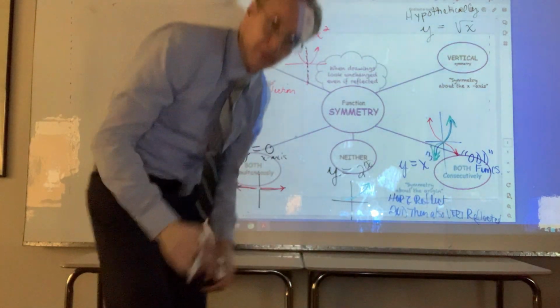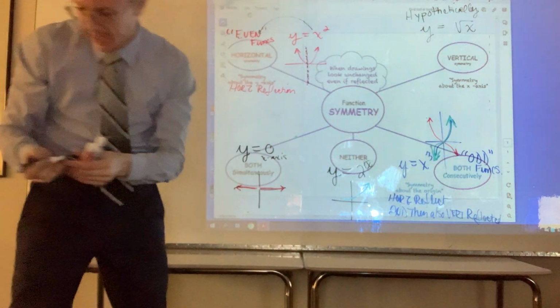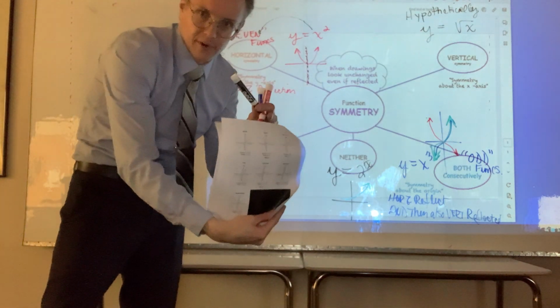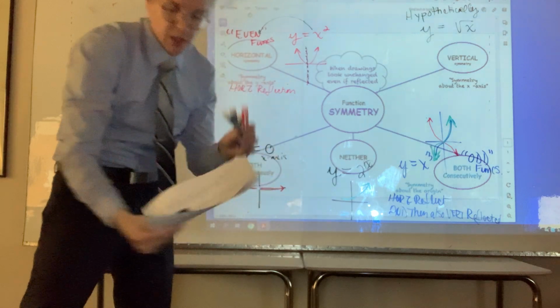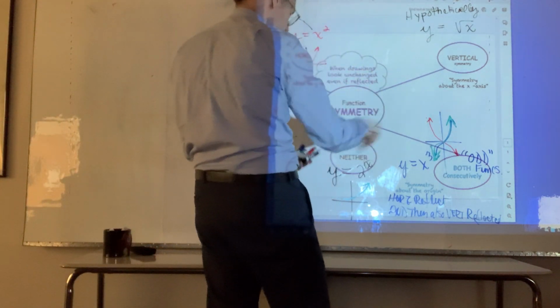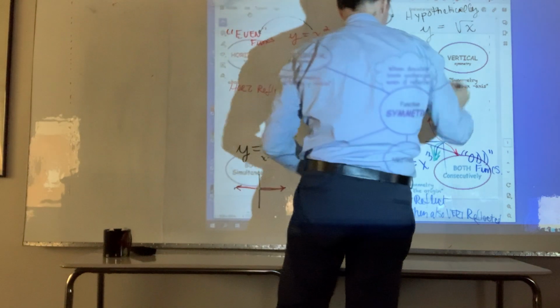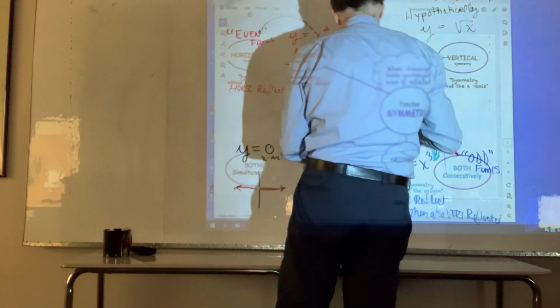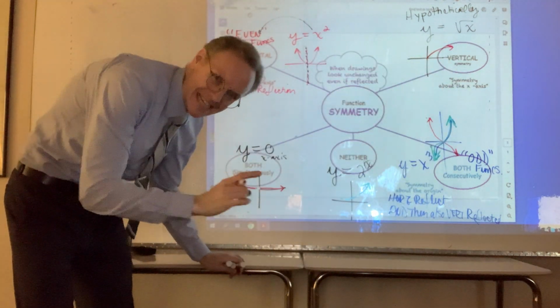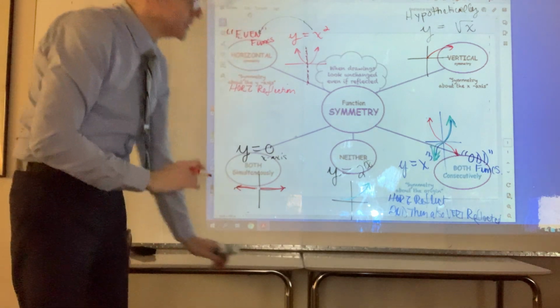Now, if you remember from the parent toolkit function handout, the square root function only looks like half of a parabola sideways. It looks like this, right?